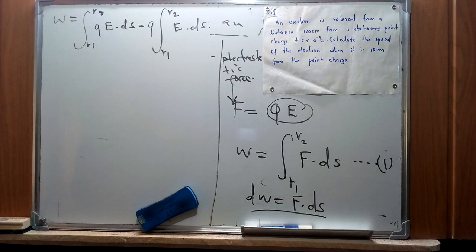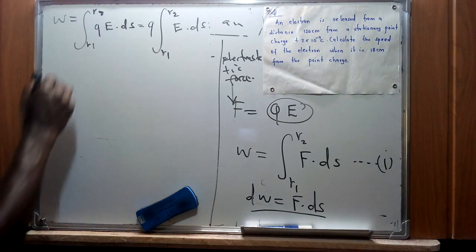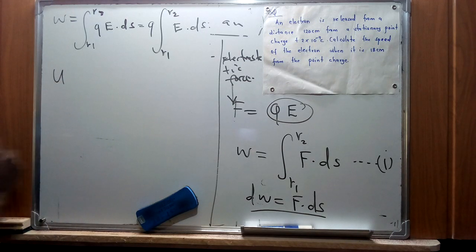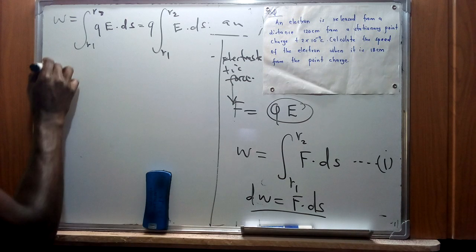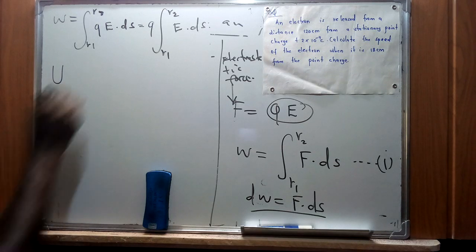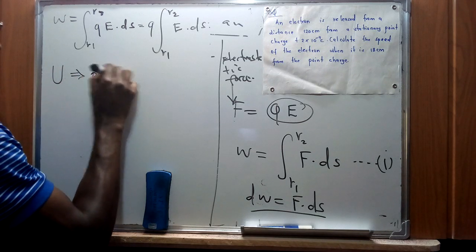And we know that electric force is a conservative force, and this in a sense can give us a way in which we can calculate the potential energy in this particular field. We know that potential energy is given as U, basically implying potential energy.